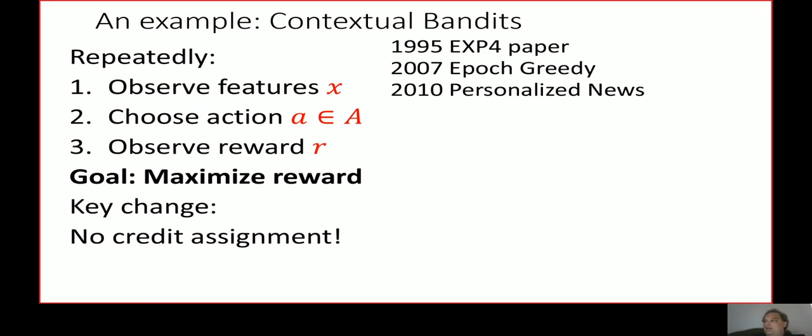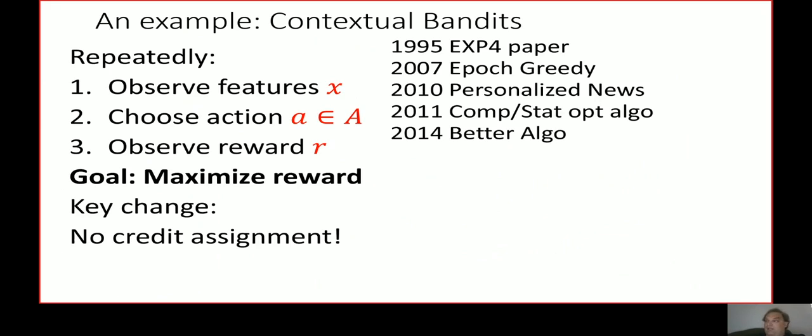In 2010, we had our first application of personalized news that was deployed in the real world when I was at Yahoo Research. In 2011, we had the first marriage of epoch-greedy style learning and EXP4 style learning to achieve something that was computationally and statistically efficient.